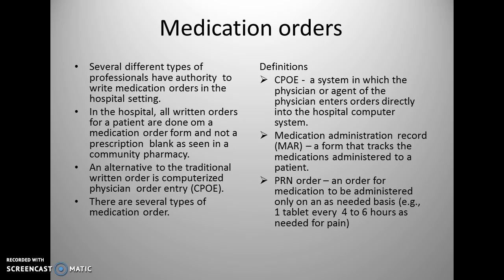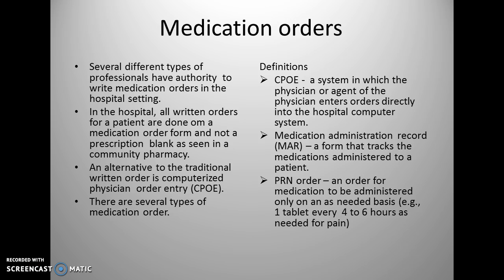And there are different types of orders that should be noted. So again, looking at the definitions, CPOE, a system in which the physician or agent of the physician enters orders directly into the hospital computer system.